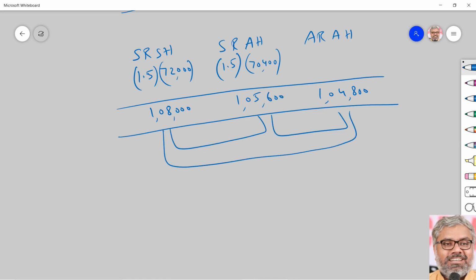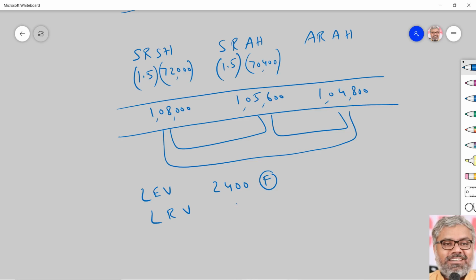Labor efficiency variance, how much? 1,08,000 minus 1,05,600, that is 2,400 favorable. That is labor efficiency variance. Labor rate variance will be how much? 1,05,600 minus 1,04,800.